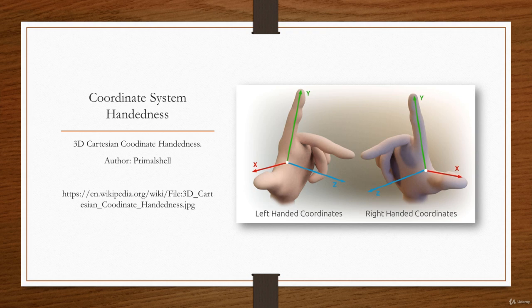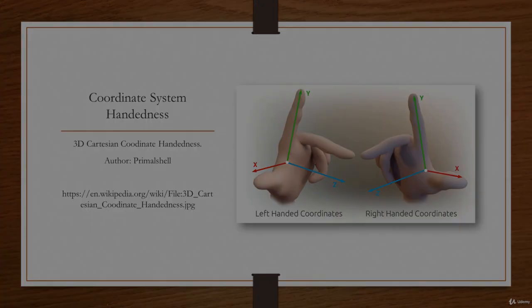So X there is on the left thumb, Y points up, and your next finger, middle finger there, points down the positive direction of the Z-axis. On the right-handed coordinates, you have X pointing down towards your right thumb, and then again Y along your next finger, and the middle finger right next to that is then pointing down the Z-axis.